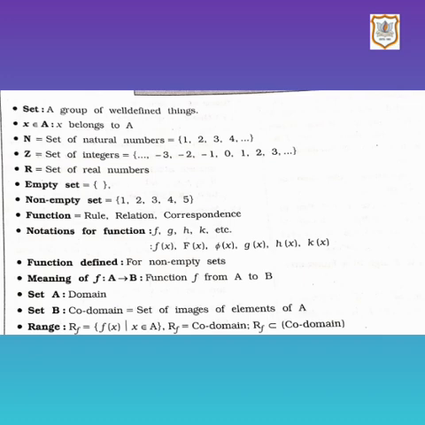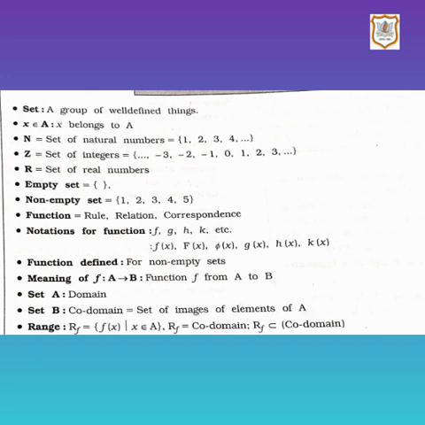Third, N means the set of natural numbers that starts with 1, 2, 3, 4 and goes to infinity. Z is the set of integers, which can be negative numbers, 0 and positive numbers. R is the set of real numbers.